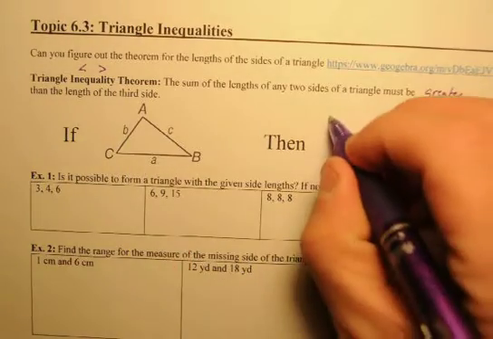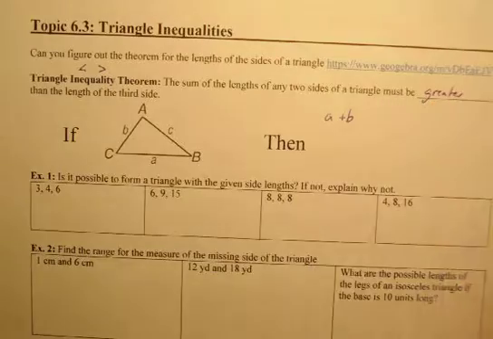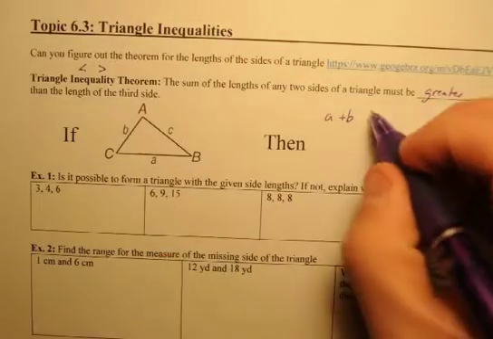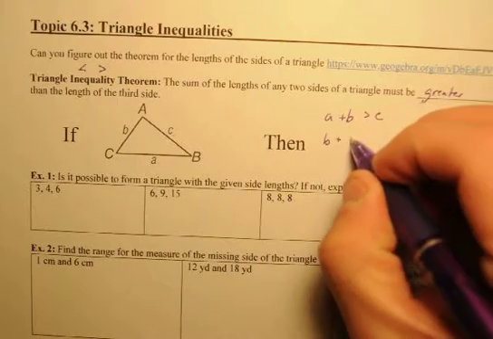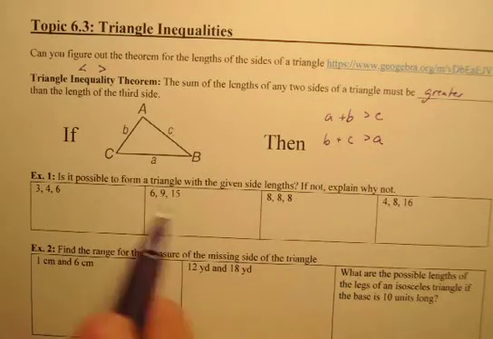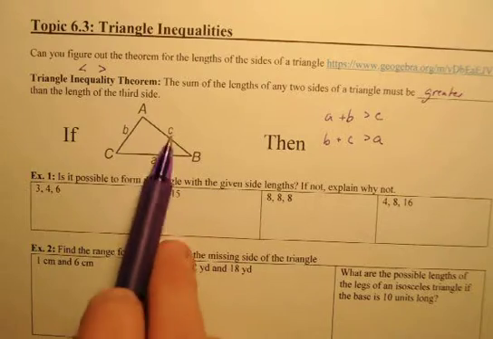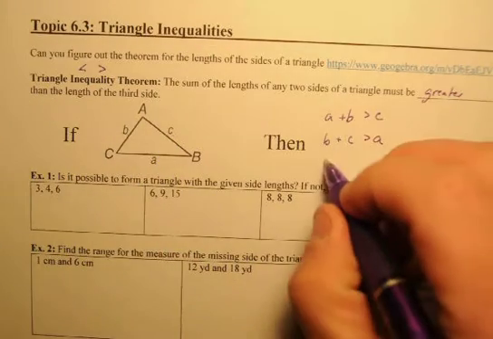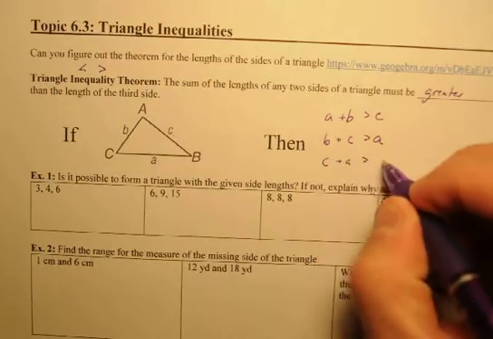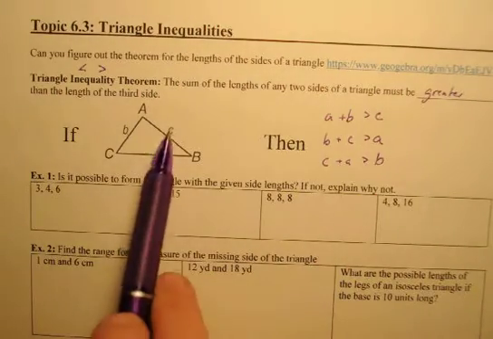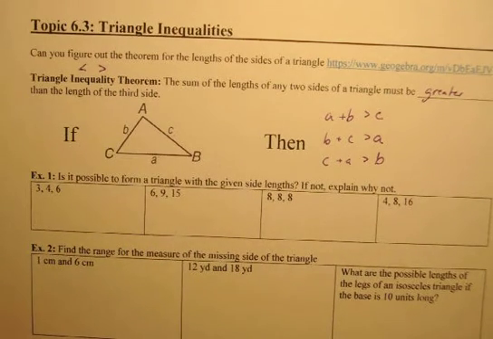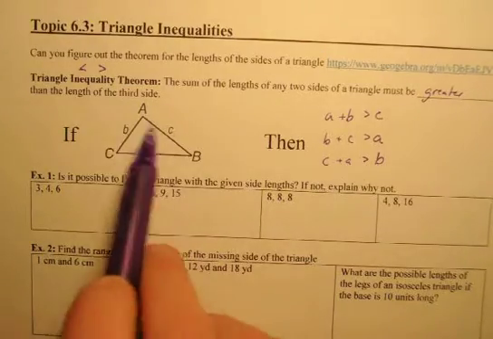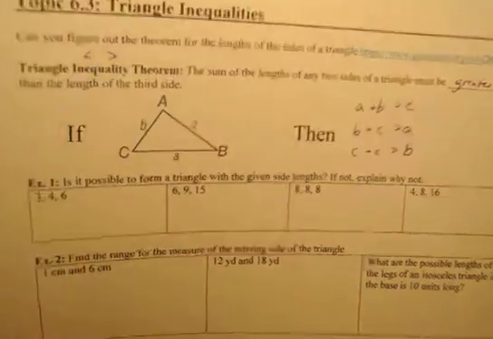A and B, when I add them together, have to be greater than C. B plus C has to be greater than A. And C plus A has to be bigger than B. Basically, any two sides have to add up to be bigger than the third side. So here's an example.